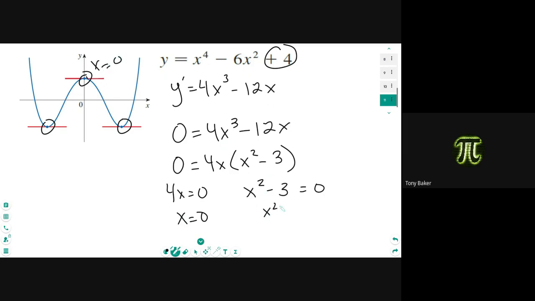This one, I have x squared equals 3. How do I get rid of the square? Square root. So x equals plus or minus the square root of 3. And that's going to give me that one. So those would be the 3 values.